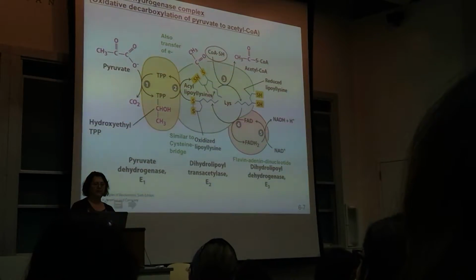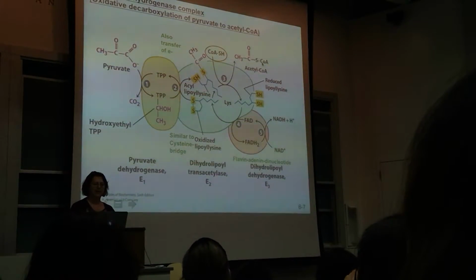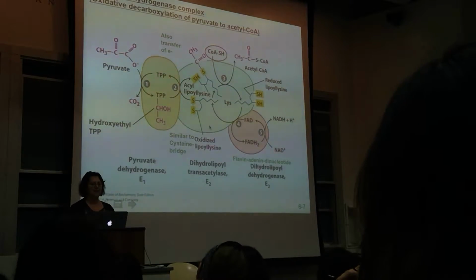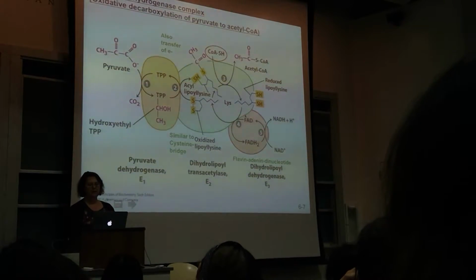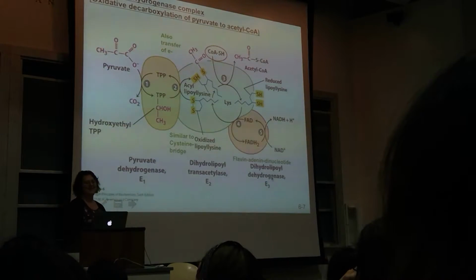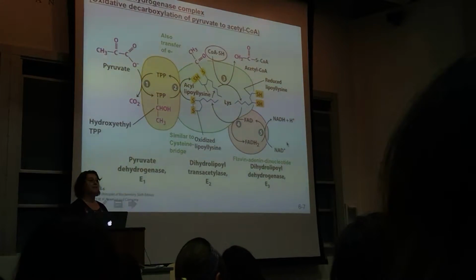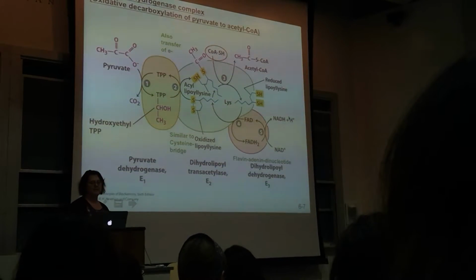So in this part, you have the addition of the CoA to make acetyl-CoA, and you have reduction occurring here. And then now you're in the reduced form, but you have to get it back to the oxidized form. So you're coupling to this dehydrogenase here, and you can see that you require the FADH to go to FAD, but then that's coupled to NAD+ to NADH.